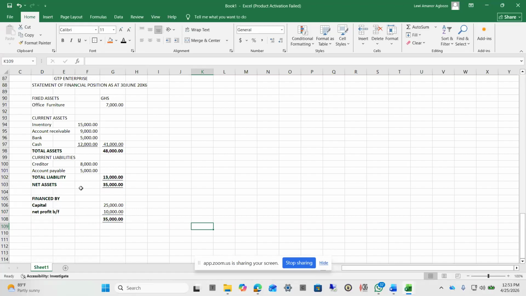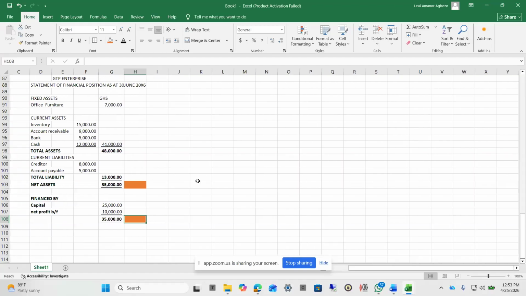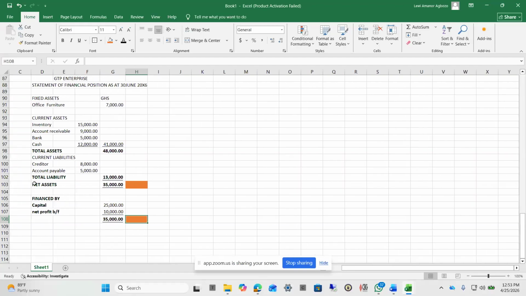Then you have balanced it. This is the balance sheet or the statement of financial position. The explanation we have given in all we did from the beginning is just to get understanding of this principle. Is that okay? So this is our statement of financial position.